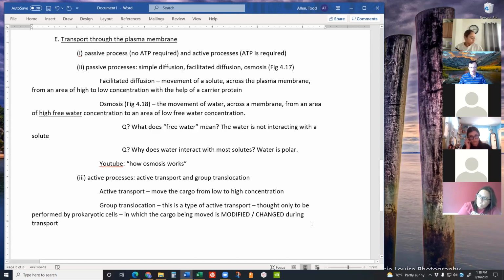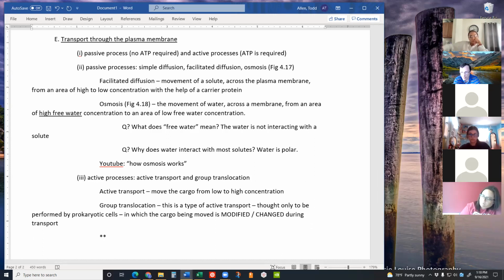I will also say here, for the benefit of my A&P friends, that when we talked about active processes in A&P, we talked about things like endocytosis and exocytosis, phagocytosis, all those beautiful words. Those processes do not occur in prokaryotic cells.